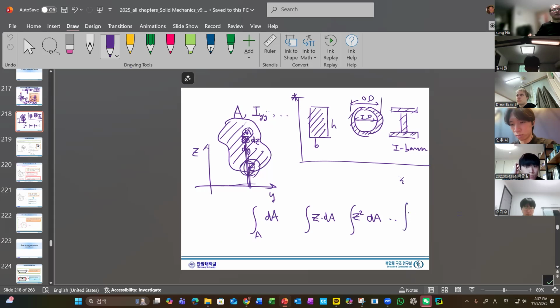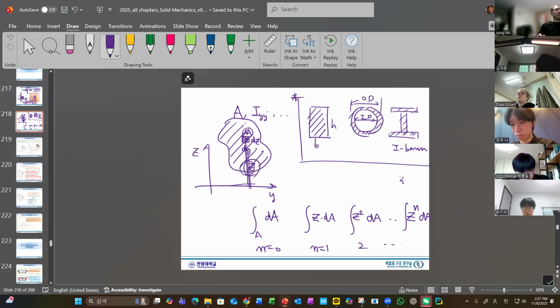So in general, we can say z to the power n times dA, where n equals 0, 1, 2, and so on.